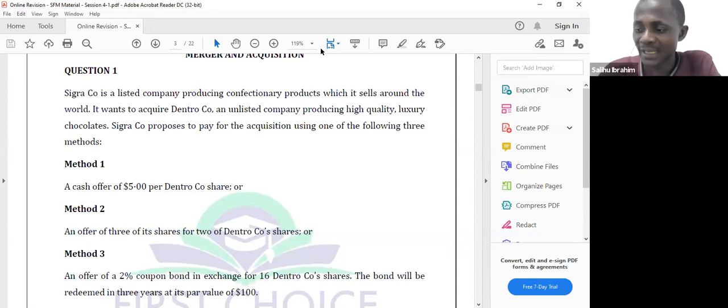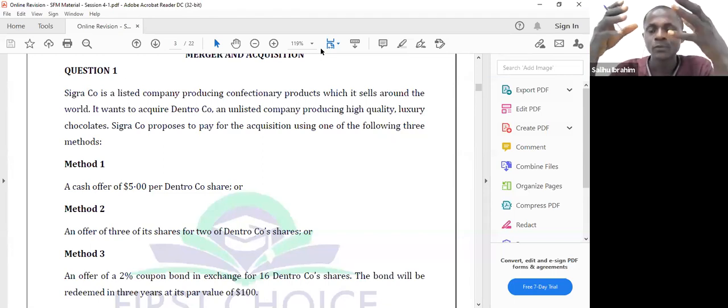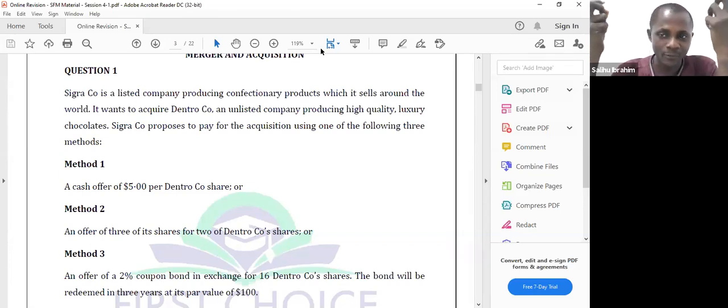Now, having computed the pre-acquisition market value, you go to step 2. Step 2 is where you compute the market value of the combined companies. We call it the post-acquisition market value.